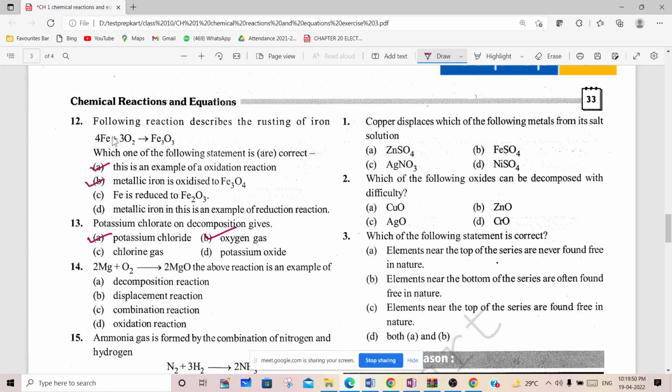Yeah, metal iron is oxidized to Fe3O4. This is the Fe3O4. Misprinting here. Make one change there. So the correct answer is A, B, and D. No, not D. Fe is not getting reduced. It is getting oxidized. Oh, yes.